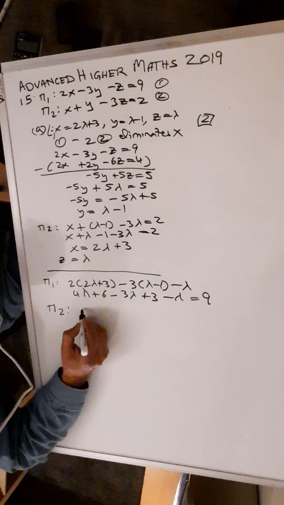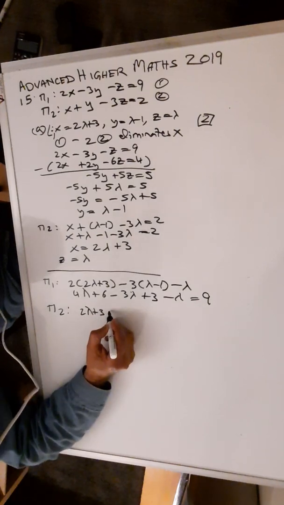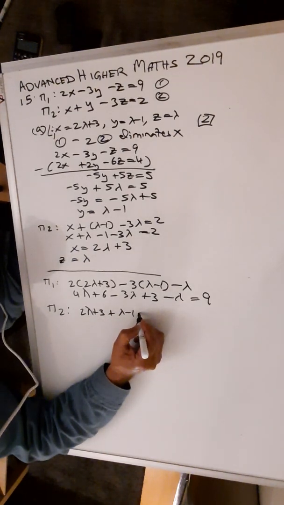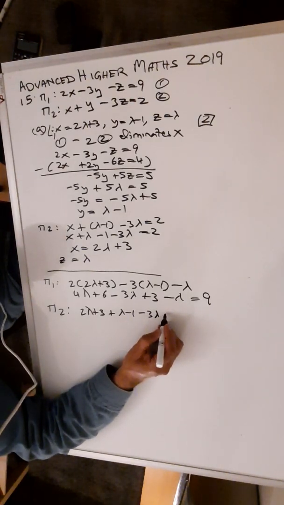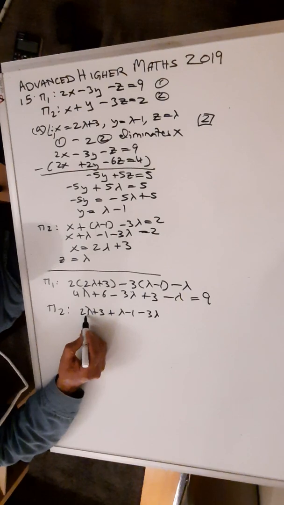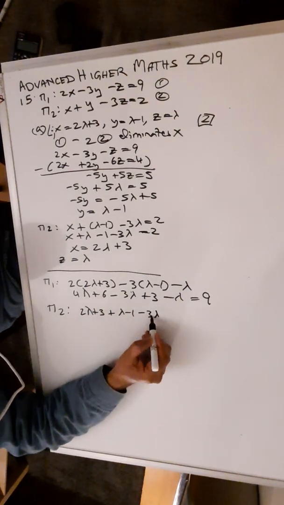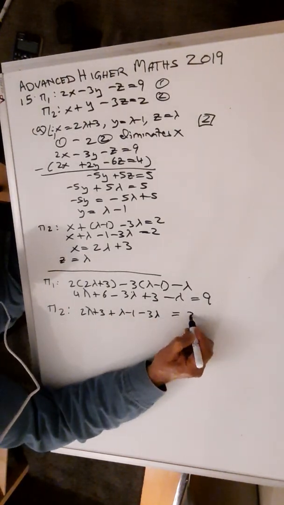So x plus y, so x is 2 lambda plus 3, y is lambda minus 1, plus lambda minus 1, and you got minus 3 lambda for z, and that should equal 2. And this is giving you 2 lambda plus lambda, 3 lambda, 3 lambda minus 3 lambda, lambda's gone, 3 minus 1, and that again gives you 2.